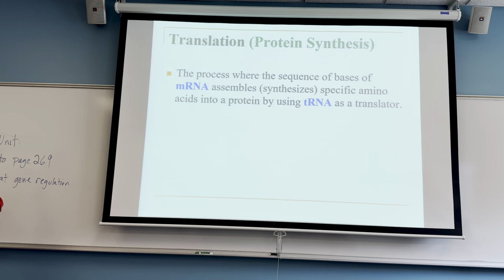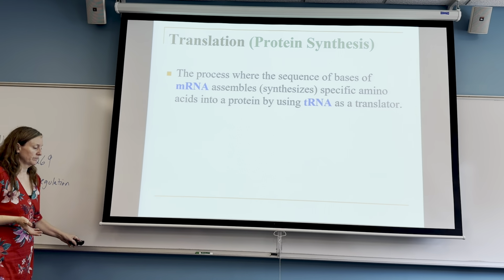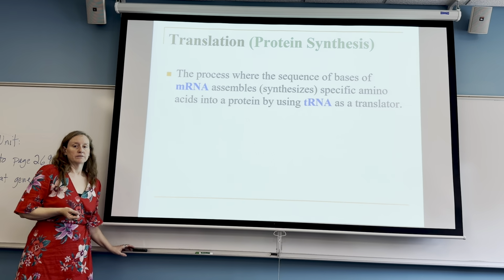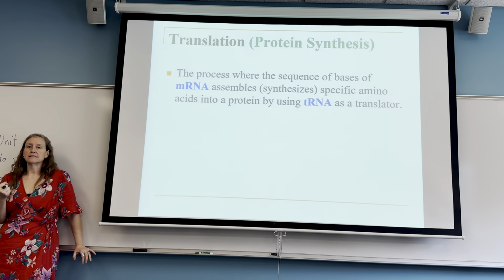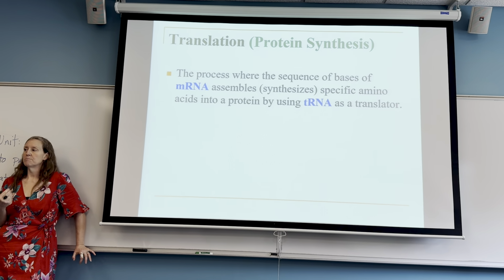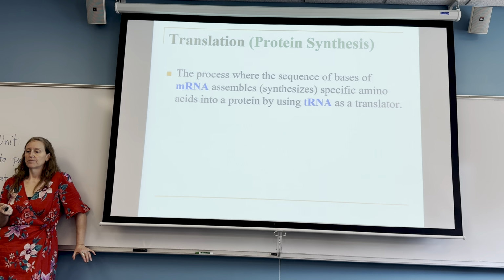All right, translation. Our protein synthesis. mRNA is going to get together with tRNA. mRNA still has the original message of the DNA. Right? We said that mRNA codes for the amino acid. The tRNA is the translator.